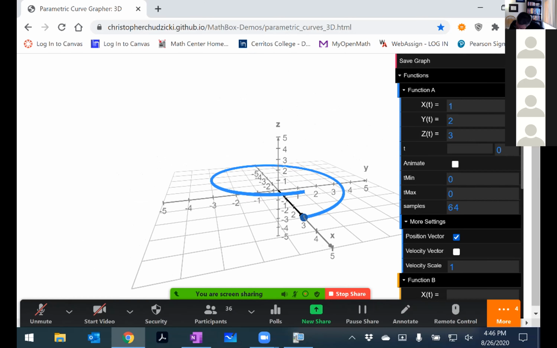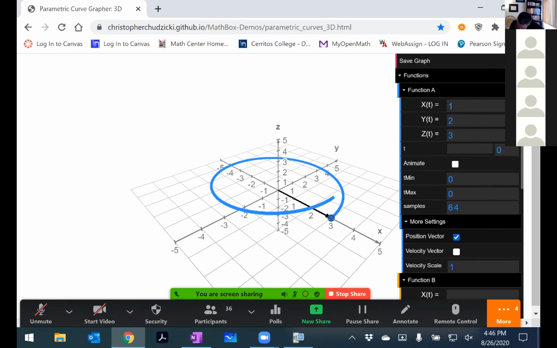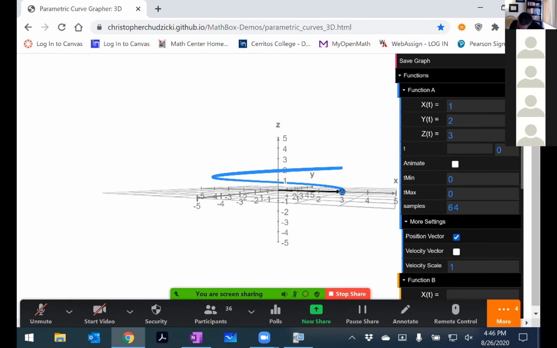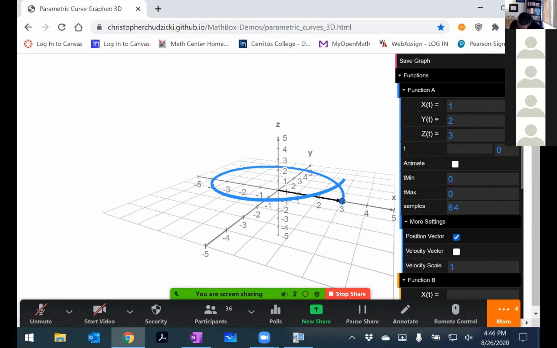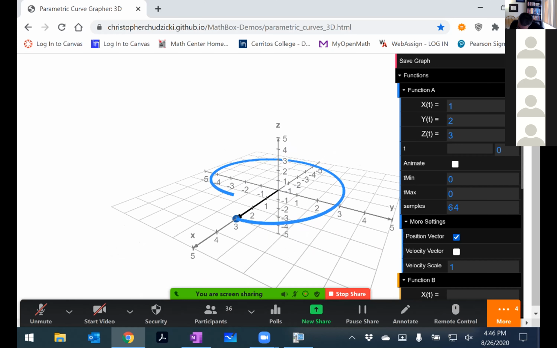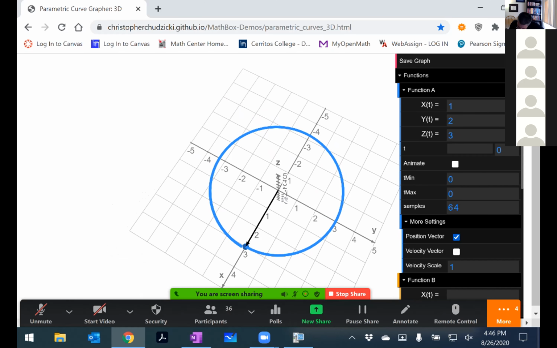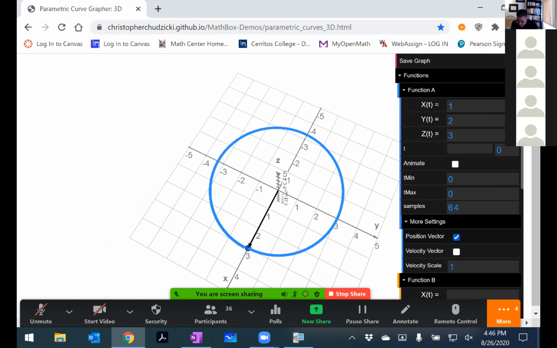So x of t, y of t, z of t, functions. Why is that not liking what I'm doing? I want it to be out at 1, 2, 3. Maybe this isn't going to do it for me, unless I'm doing something wrong.